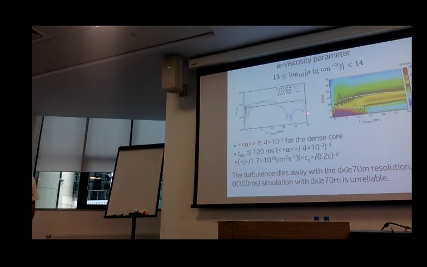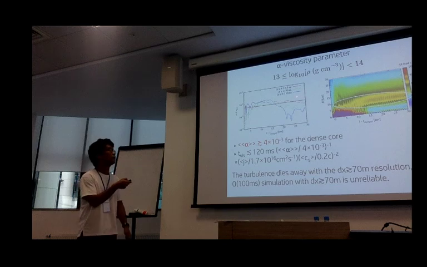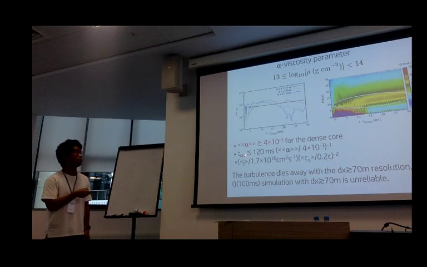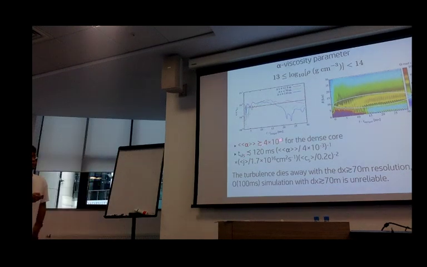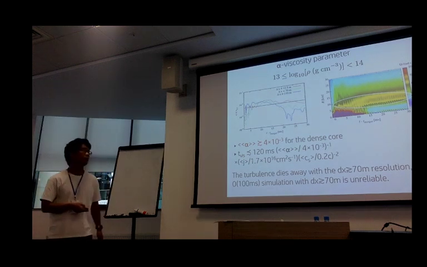Unfortunately, you cannot get the convergent result, which means that the alpha parameter could be greater than 4 times 10 to the minus 3, because the highest resolution case suggests the most reliable case. But you can see that the turbulence dies away with say 70 or 100 meter. So order 100 millisecond simulation with low resolution is unreliable.